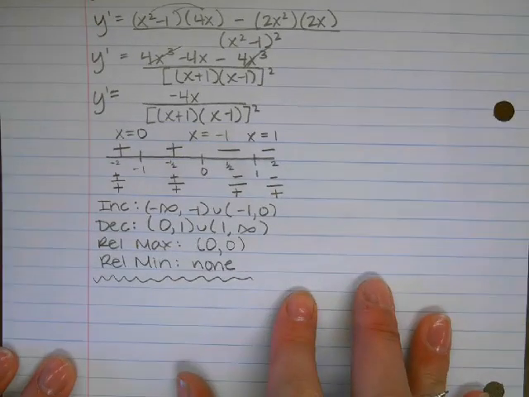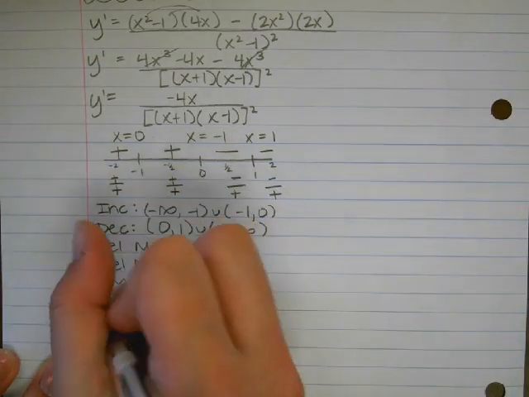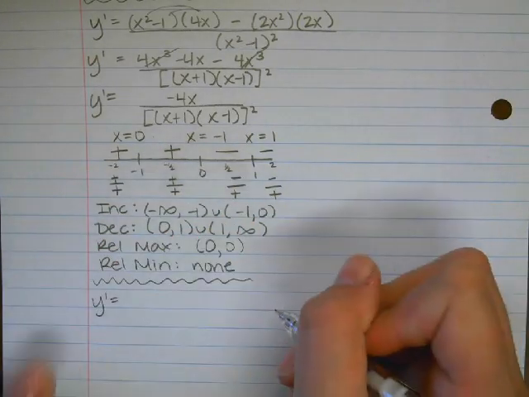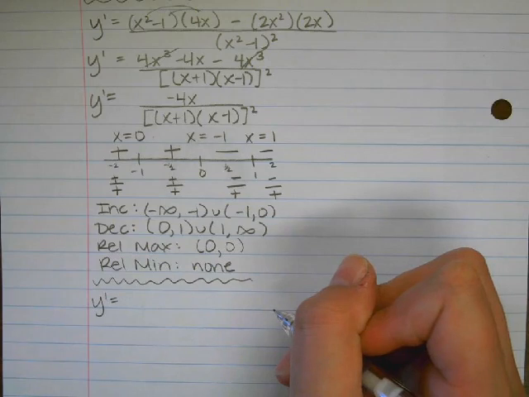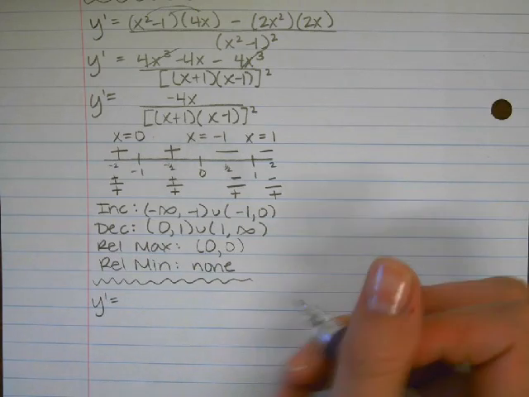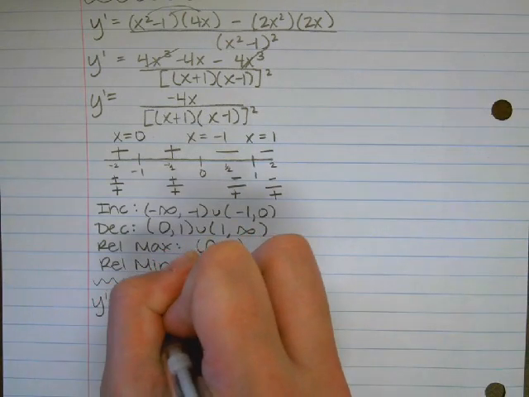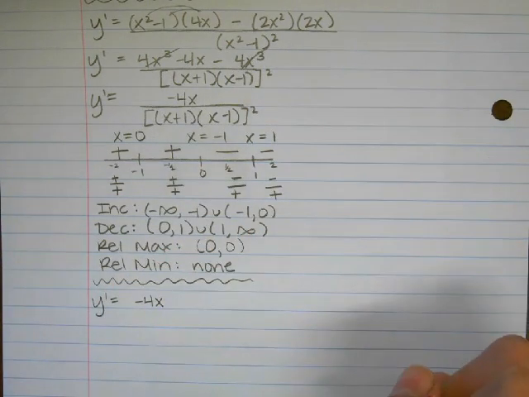Now for the second derivative, I'm going to take the negative 4x, and to avoid doing the quotient rule, I'm trying to remember from last year.